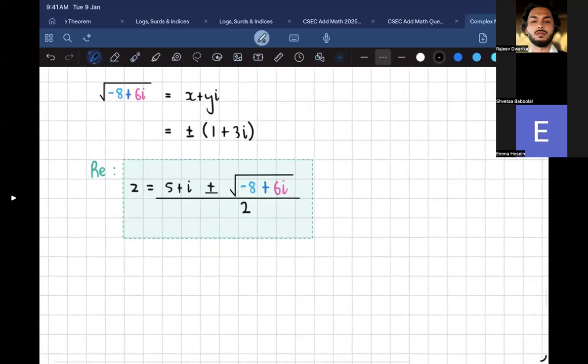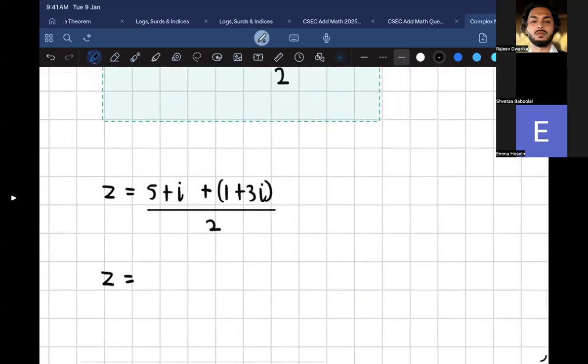We good? So z would be equal to 5 plus i. And let me look at the positive one first. So the positive one is going to be 1 plus 3i. So it's plus, 1 plus 3i all over 2. Just to be safe, I'm going to put it in brackets. It doesn't matter, because it's plus, but I just put it anyway.